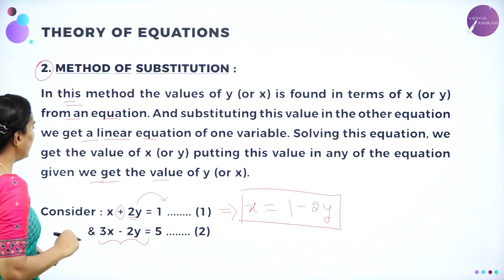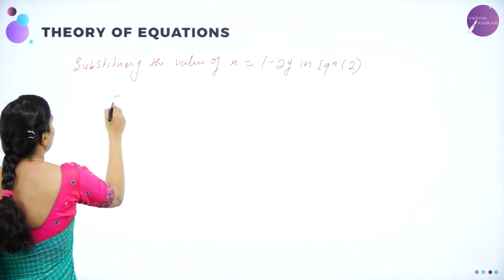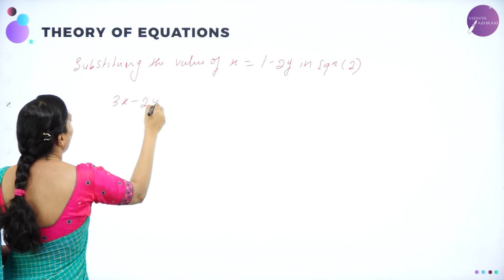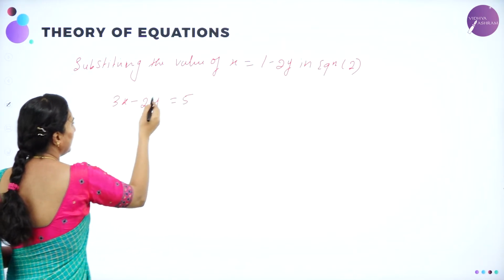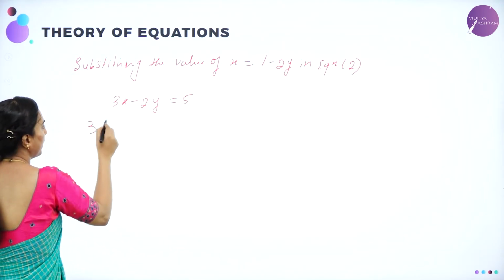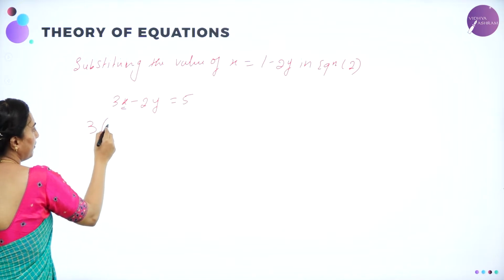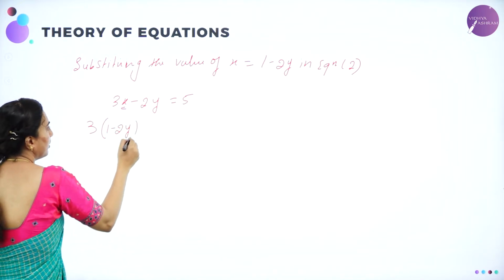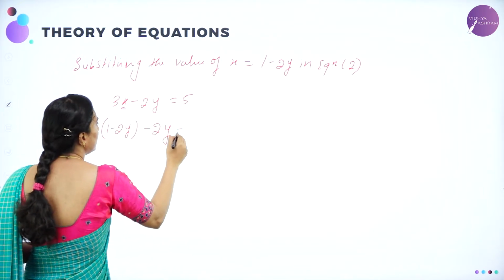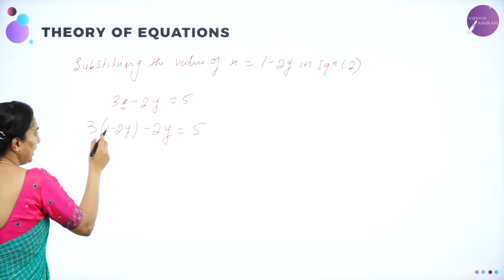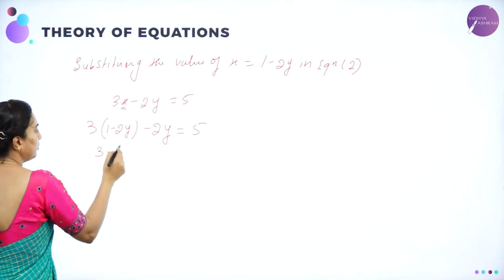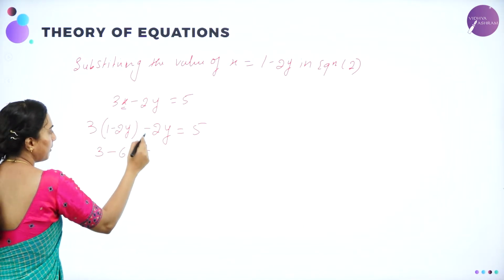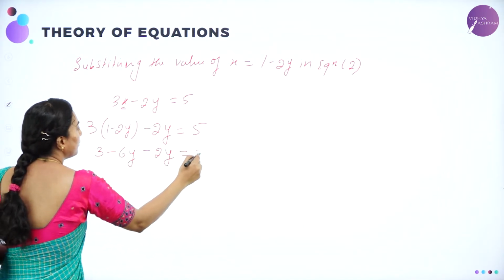Equation 2 we are having 3x minus 2y is equal to 5. So substituting x is equal to 1 minus 2y, 1 minus 2y minus 2y is equal to 5. Now multiplying 3 inside, 3 ones are 3, plus into minus is minus, 3 twos are 6y, minus 2y is equal to 5.